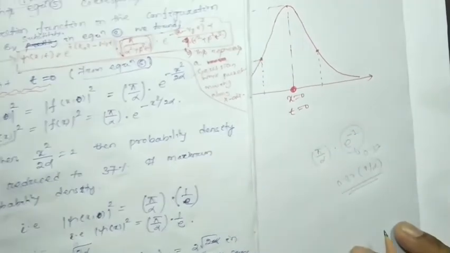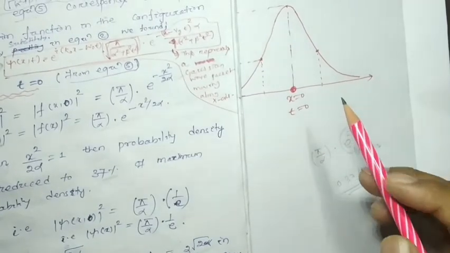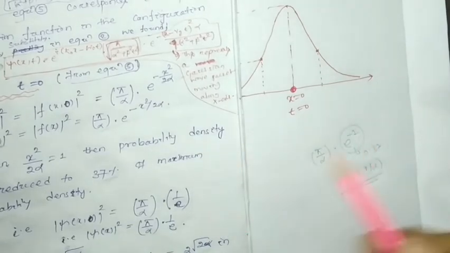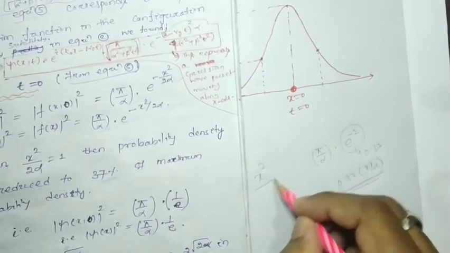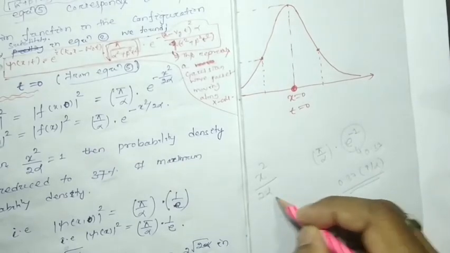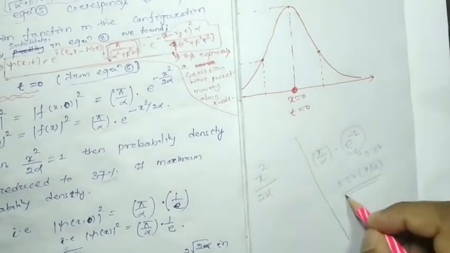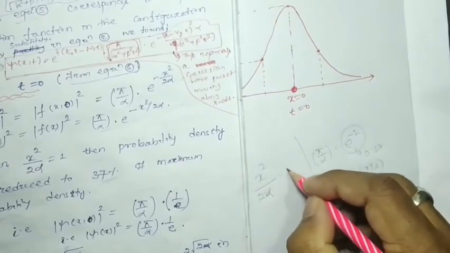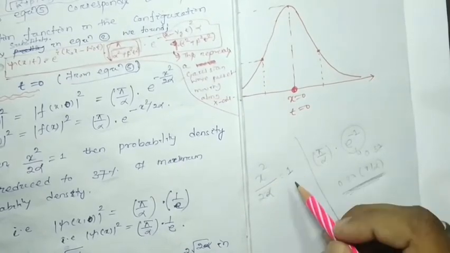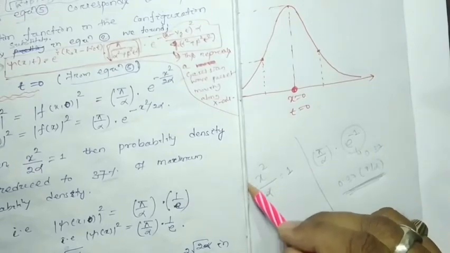That means here we consider x square by 2 alpha.